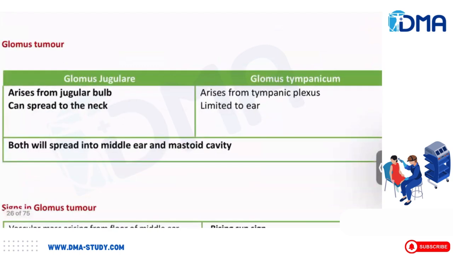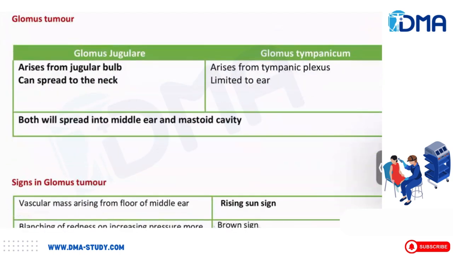Okay, fine. So now we enter into the most common benign tumor of the middle ear. So now the tumor can arise from two main areas. One is the jugular bulb over the floor of the middle ear. Another one is the tympanic plexus over the medial wall of the middle ear.